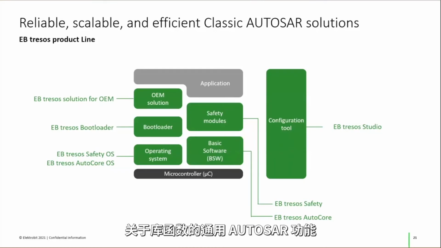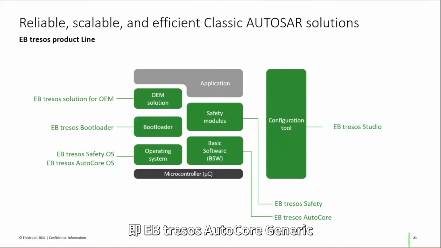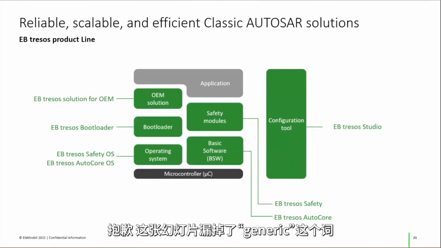For the general AUTOSAR functionality, so the library functions, we provide a product as the basic software module here in this figure, the EB tresos AUTOSAR generic. My apologies, the word generic is missing here in the slides.